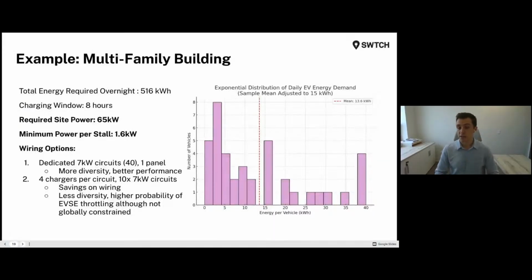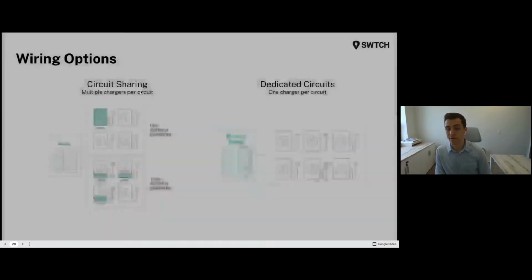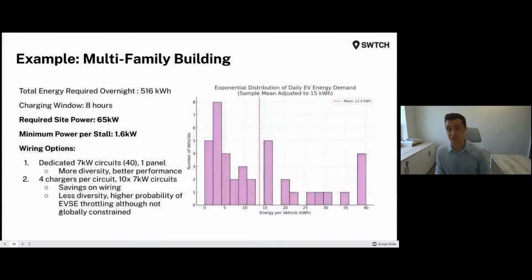And so what this gives us by using these variables is a total energy required overnight, between that 8-hour charging window, of about 516 kilowatt hours. If we wanted to squeeze the most juice out of this system, we would divide 516 by 8, giving us approximately 65, and then divide that by 40, which gives us 1.6 kilowatts.